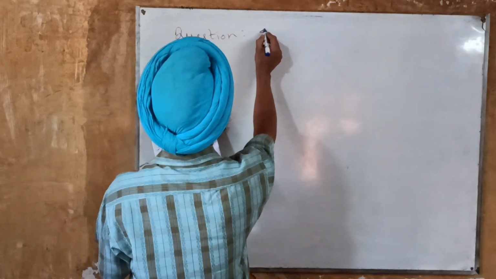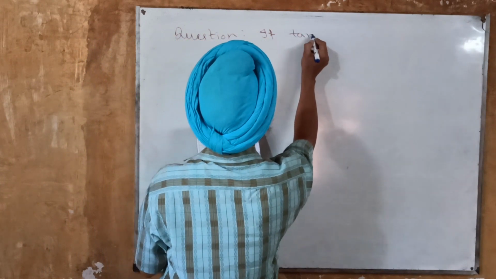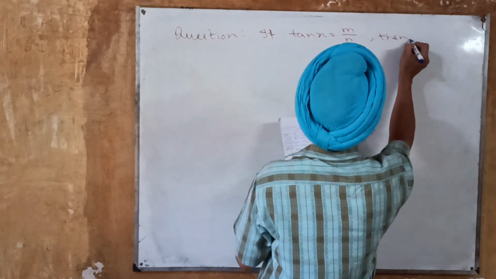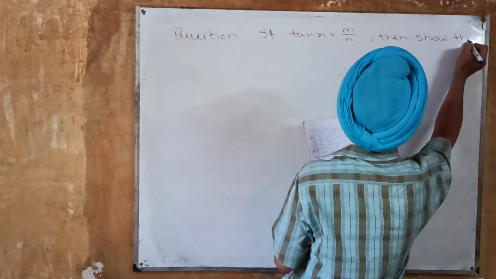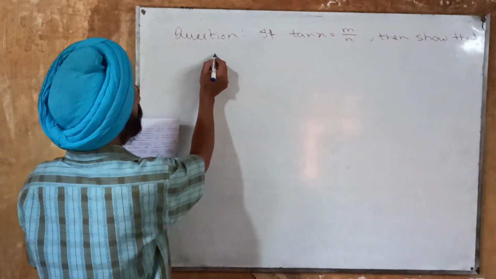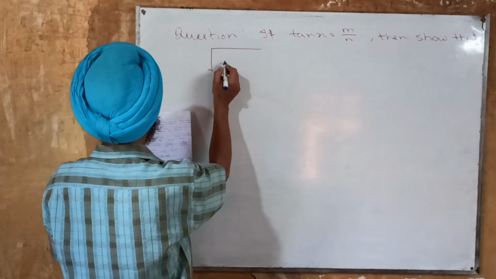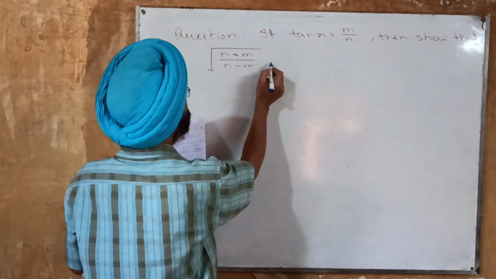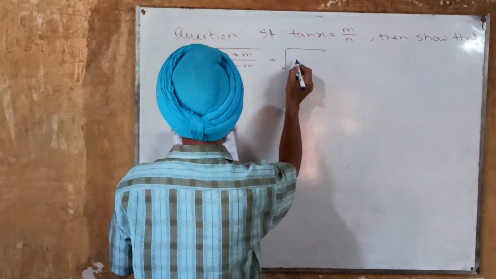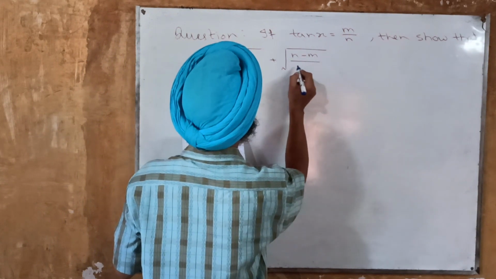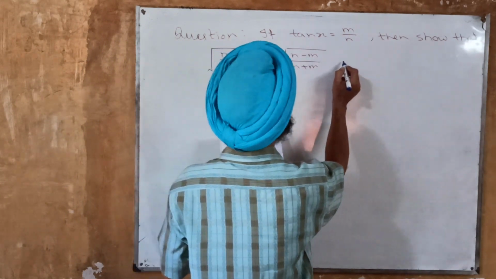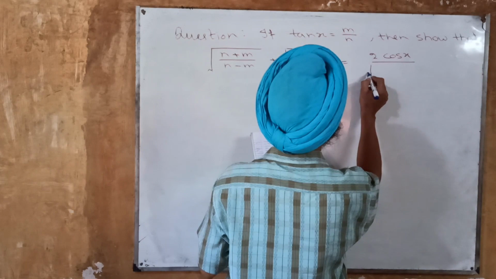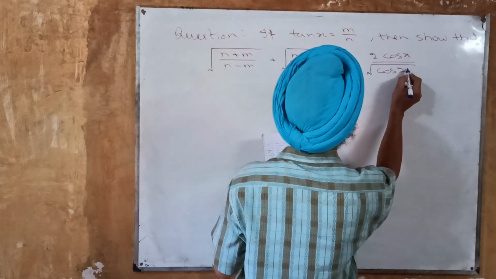The question is, if tan x is m upon n, then show that under root (n plus m over n minus m) plus under root (n minus m over n plus m) is equal to 2 cos x over square root of cos 2x.